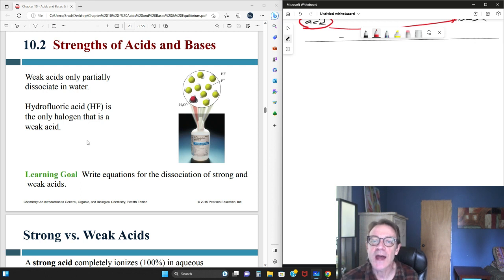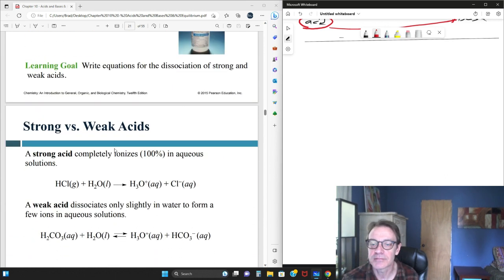Weak acids weakly dissociate in water. They don't completely dissociate. Hydrofluoric acid is the only halogen acid which is weak. That's just a fancy way of saying that every other halogen acid, higher up on the periodic table, will form a strong acid.